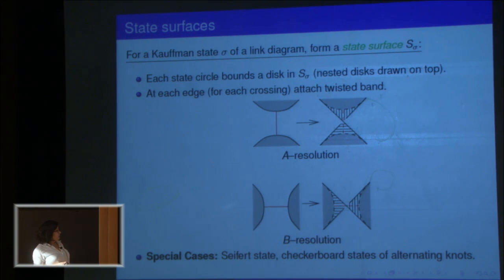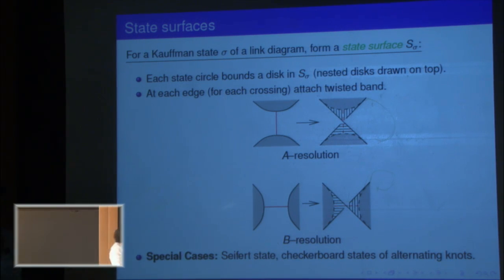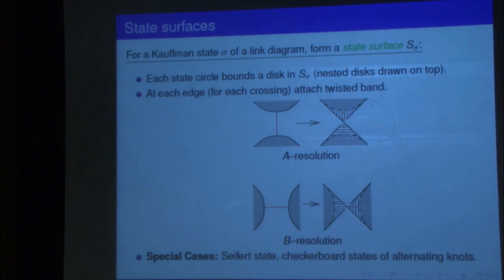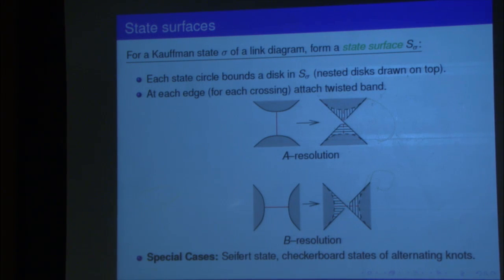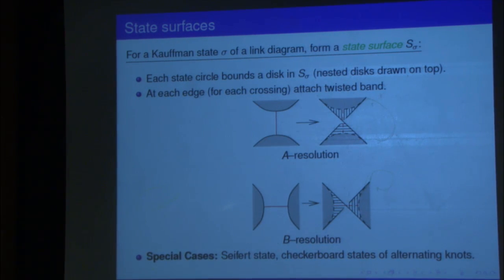And the way you do it is when you split, what you end up with is a collection of disjoint embedded circles, which you can make bound disks on the plane, push them apart above the plane, and then go back and add half-twisted bands where you had your crossings earlier.